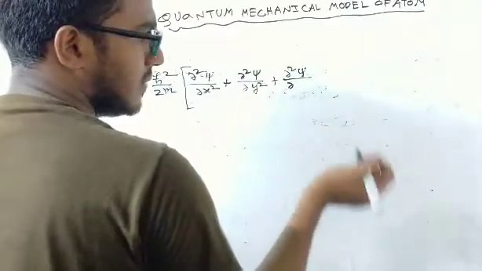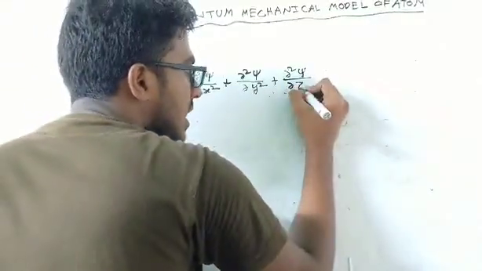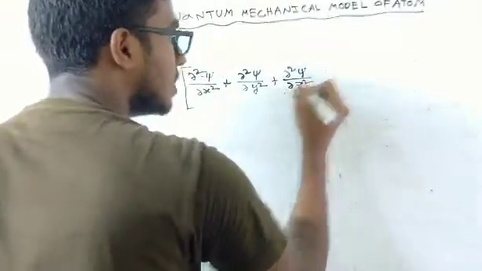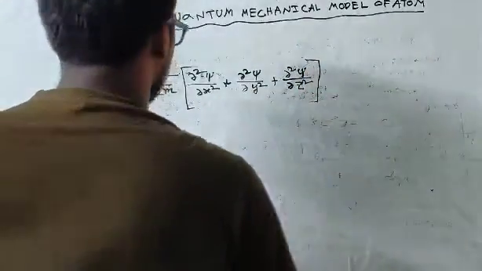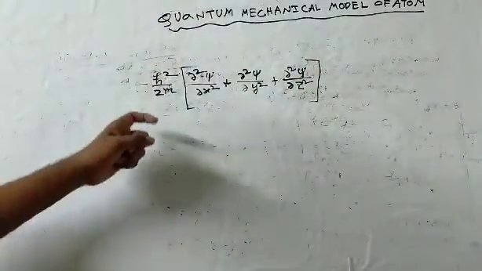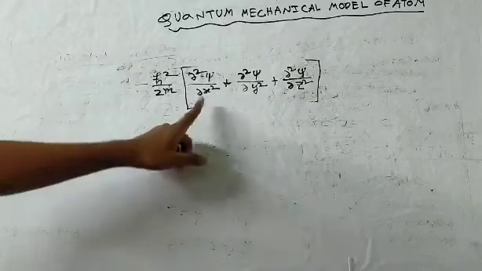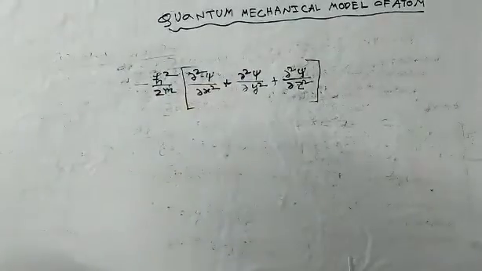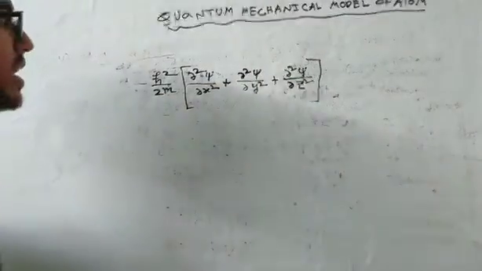Now I will do the derivative with respect to z. So minus h cut square by 2m times del square psi by del x square plus del square psi by del y square plus del square psi by del z square.